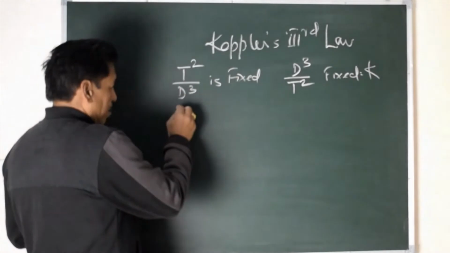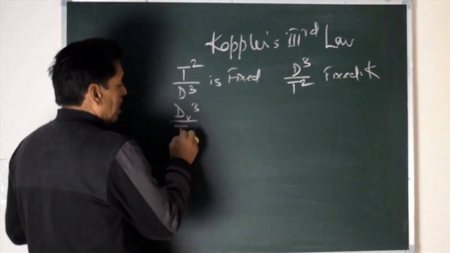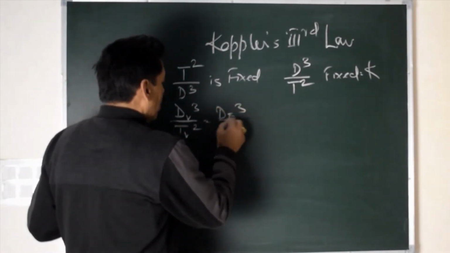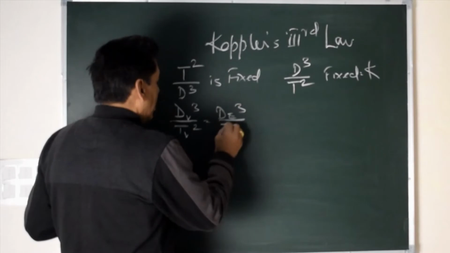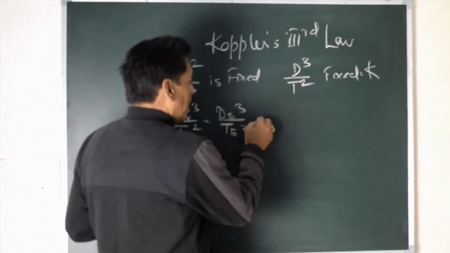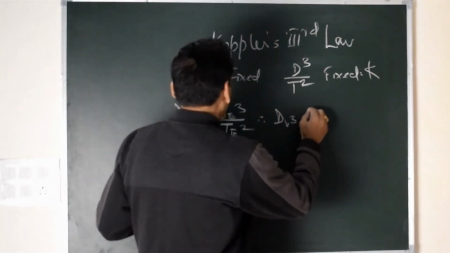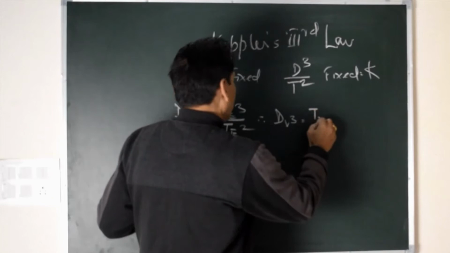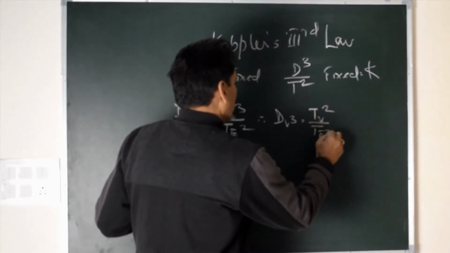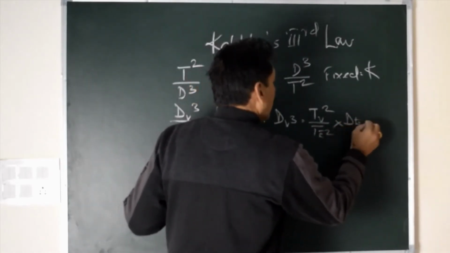So we may say that dv cubed upon tv squared is equal to de cubed upon te squared. Therefore dv cubed is equal to tv squared upon te squared multiplied by de cubed.